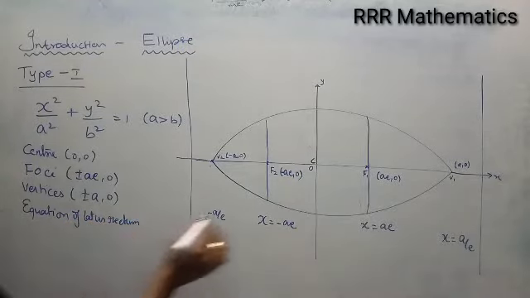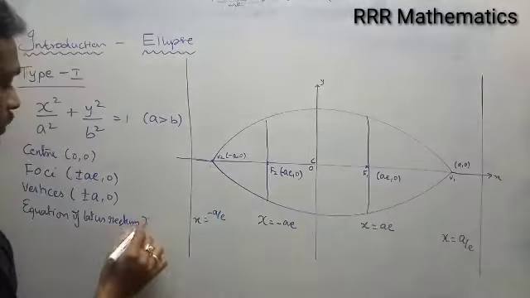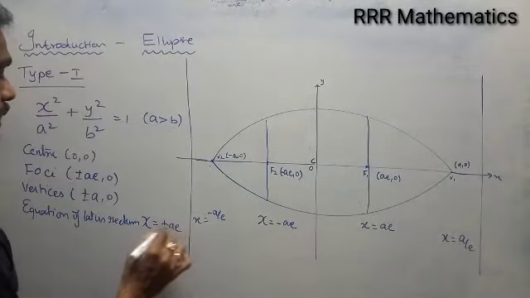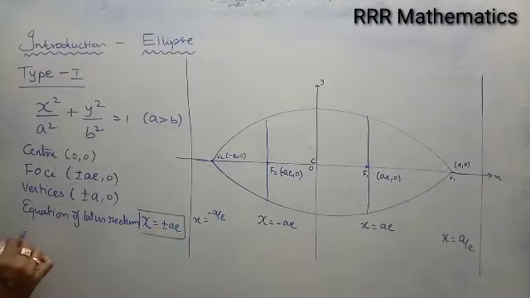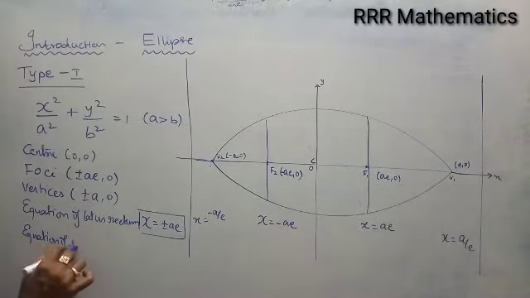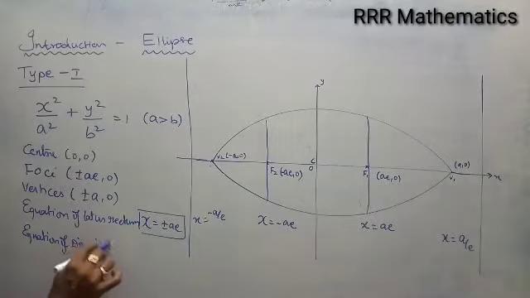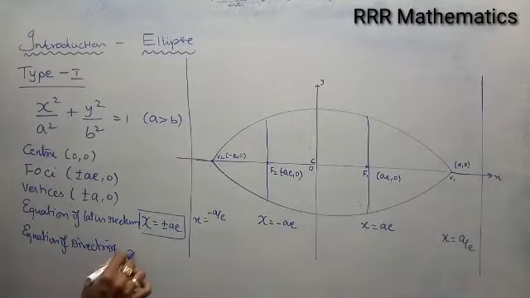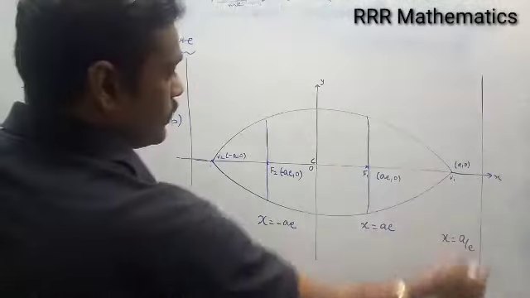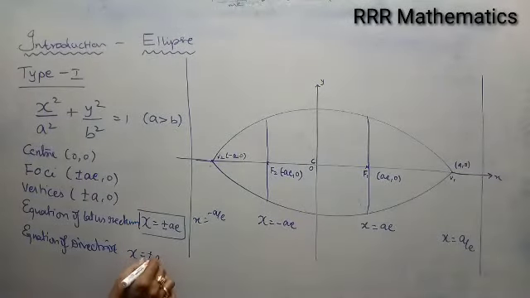Equation of latus rectum, x equal to plus or minus ae. Equation of directrix, x equal to plus or minus a divided by e.